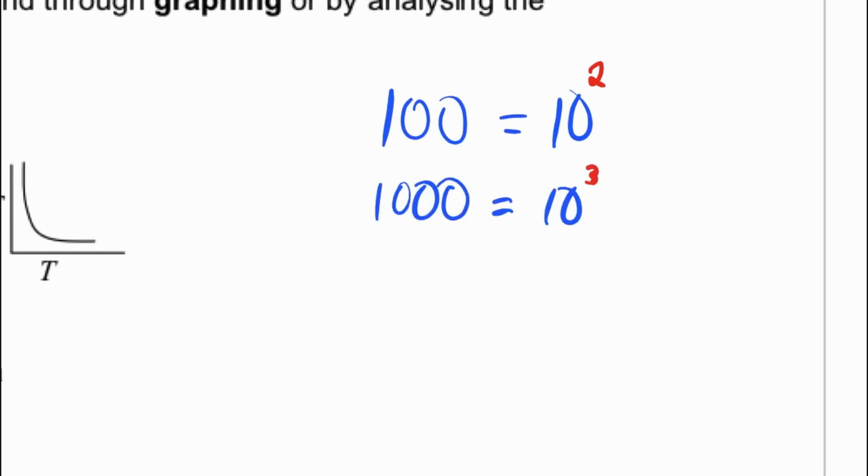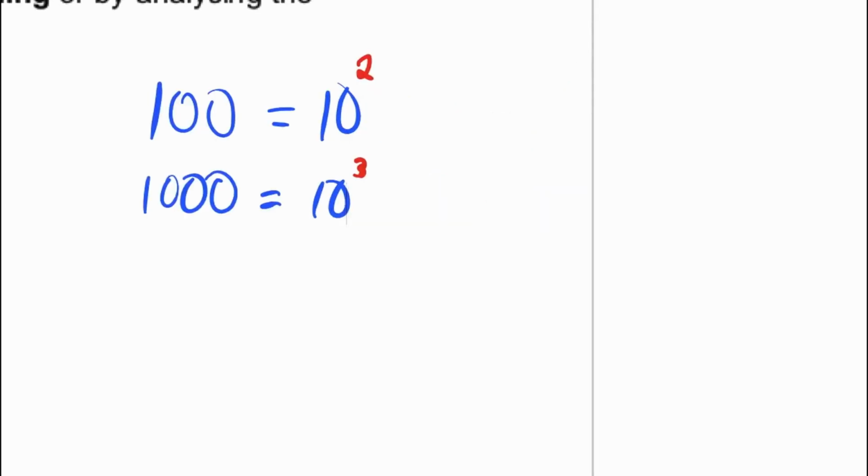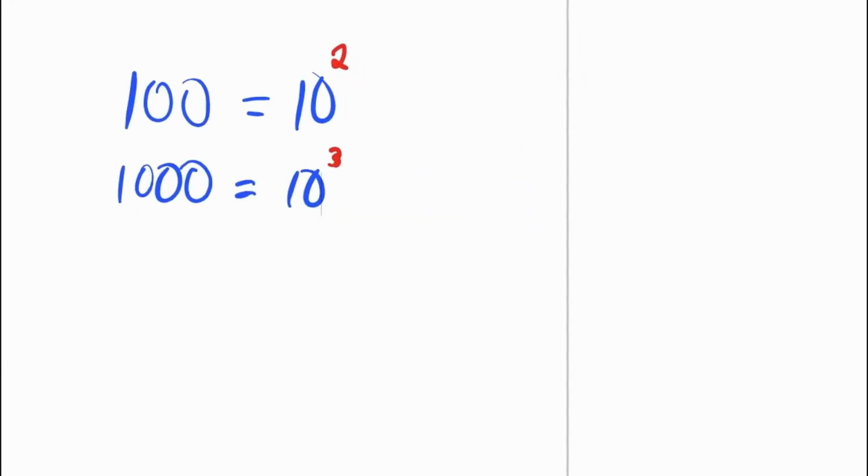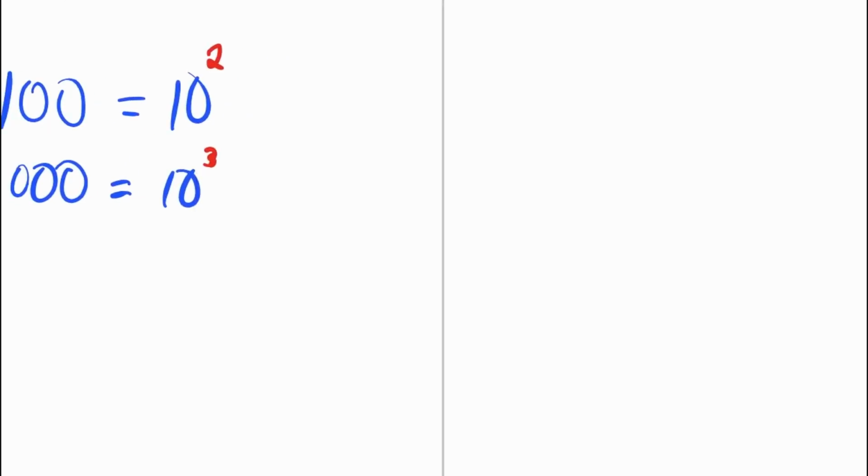Logarithms find an alternative way of expressing this in a different type of notation. So let's take a look at what I mean by this notation. So let's say we have y is equal to log 100. Now, you actually already know the answer to this question, and the answer is 2.